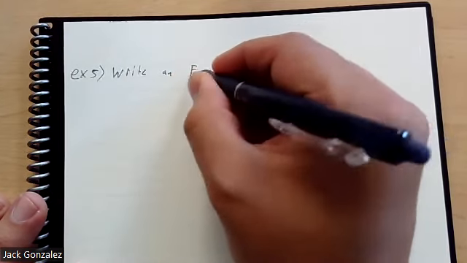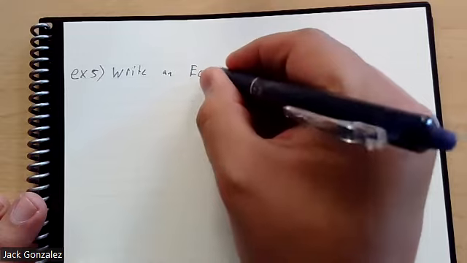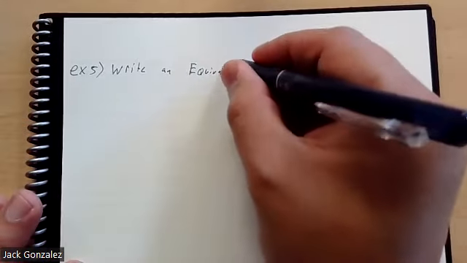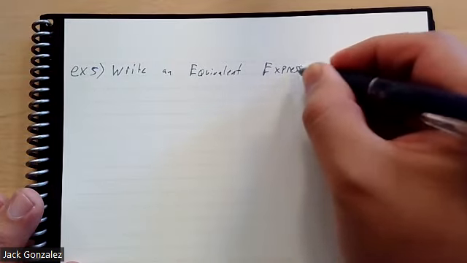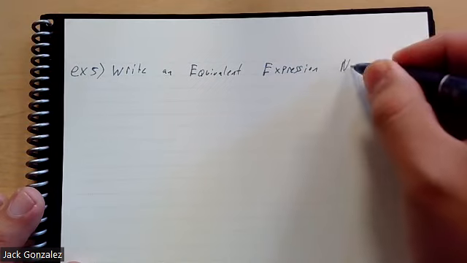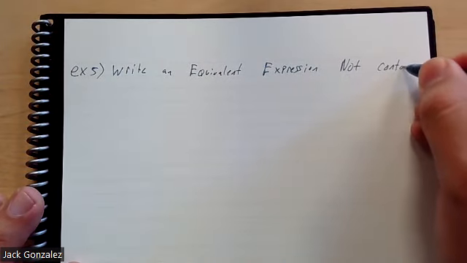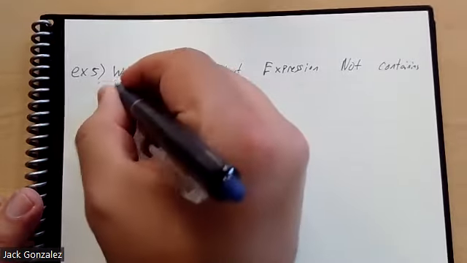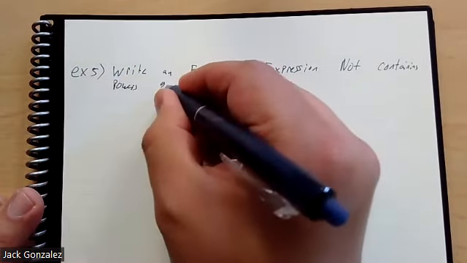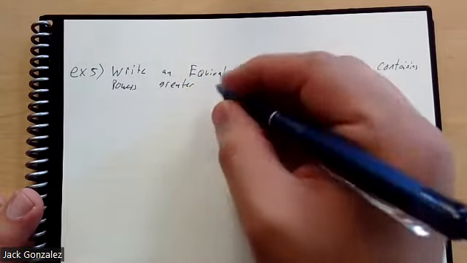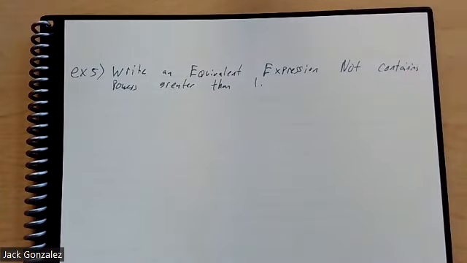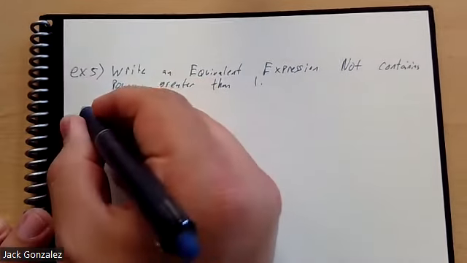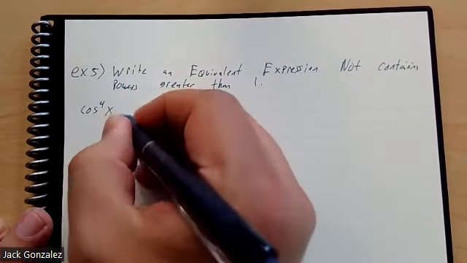Write an equivalent expression not containing powers greater than 1. So basically they're going to give you a higher power, and you got to reduce it until there's nothing but linear powers of 1. So here's the question. Reduce this guy.